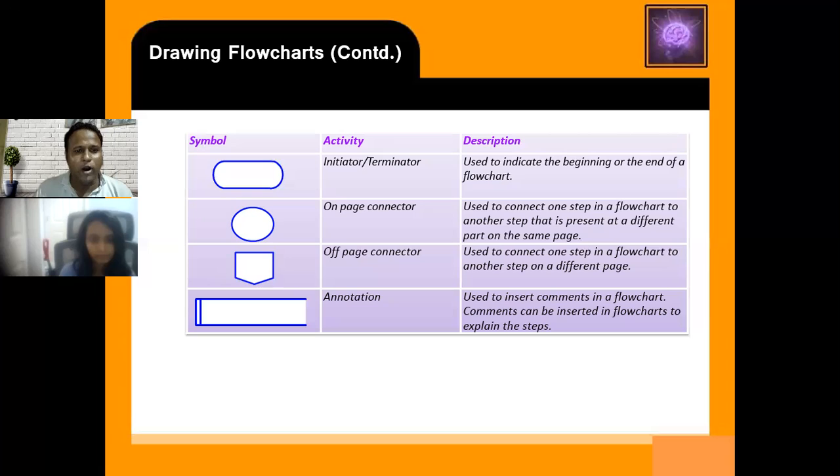That is called the off-page connector. So when you draw a diagram, if it continues to the next page, then we use the off-page connector.